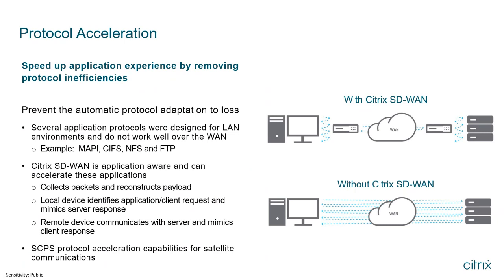So some of that NFS, FTP, CIFS share traffic has a lot going on, and essentially the SD-WAN can step in and have those conversations in proxy on the local LAN and minimize the amount of traffic that's going down while satisfying the need for all the acknowledgements of that protocol in between.